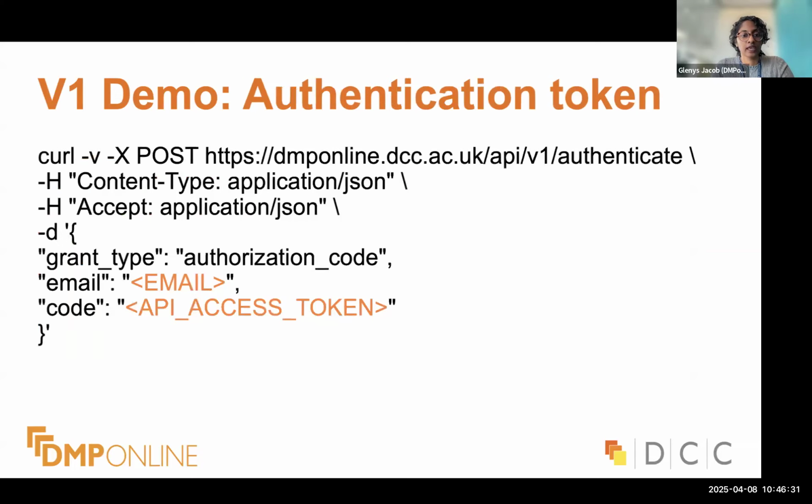For the authentication token, this is the curl command that you need to generate it. You can enter your email where it's highlighted, and the API access token in the second place where it's highlighted. This token will be valid for 24 hours or until you generate a new one.